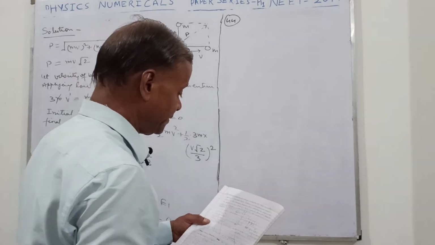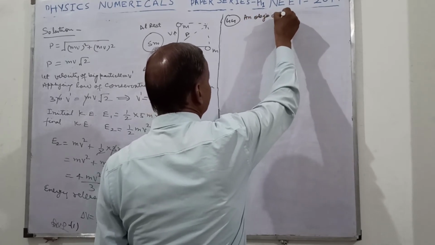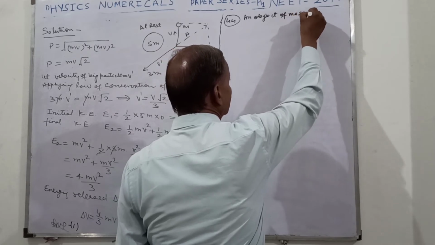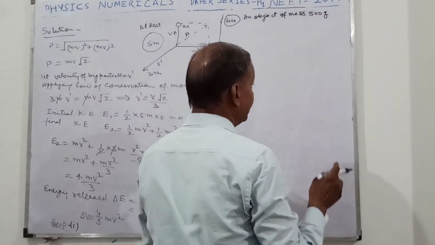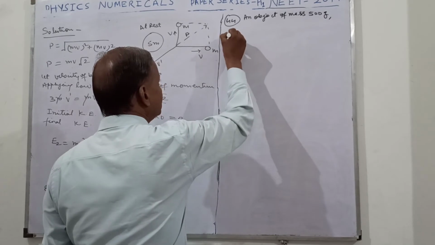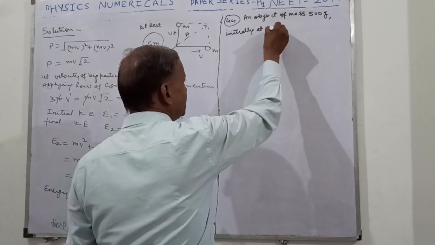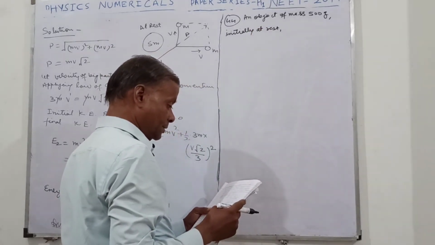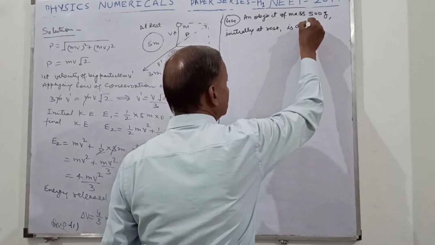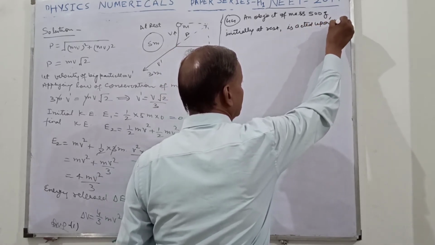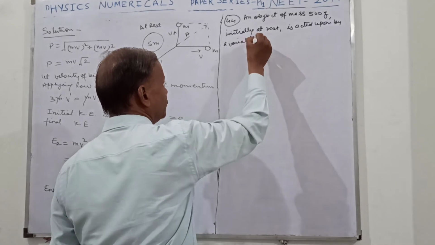An object of mass 500 gram, initially at rest, is acted upon by a variable force.